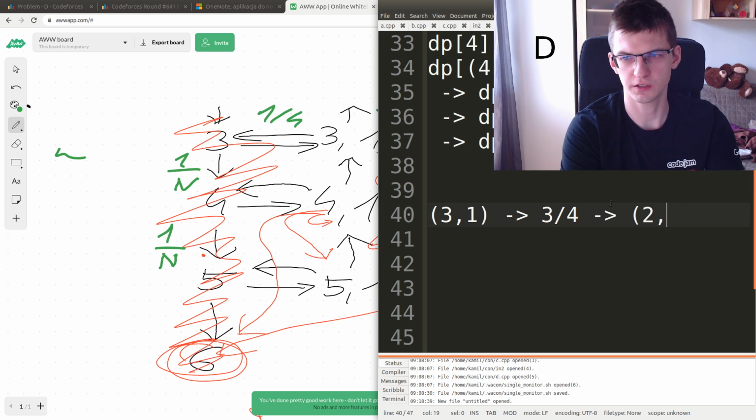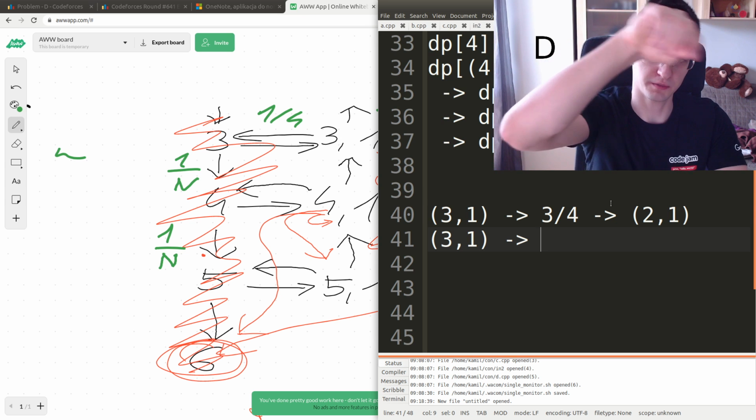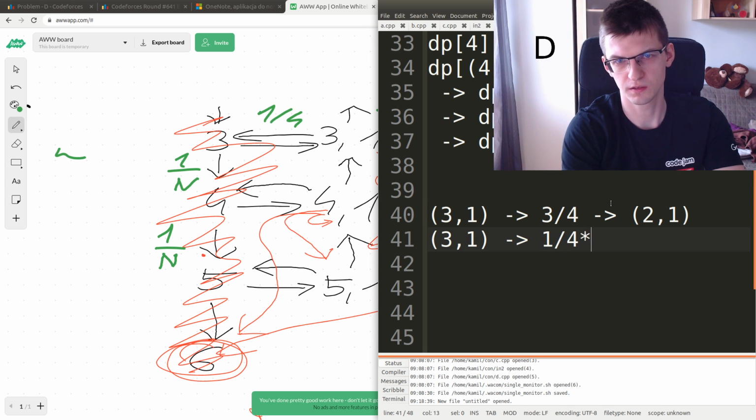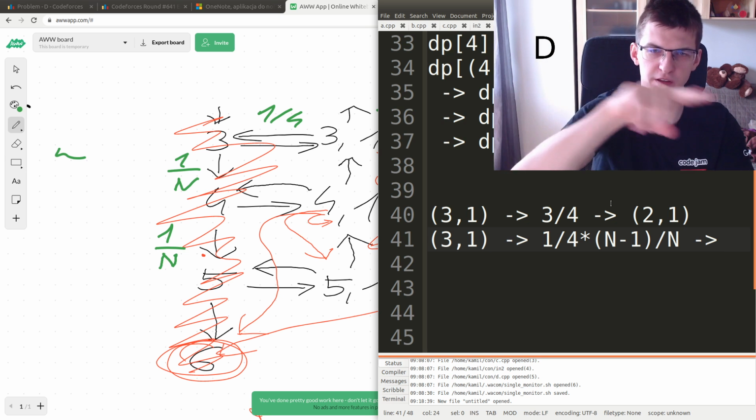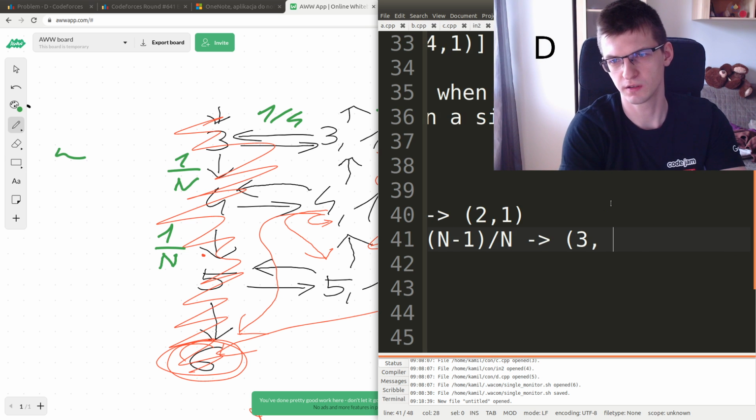We move to state 2/1. With probability 1/4 times something, we move back to myself like that. We go to the left and then to the right after a moment.